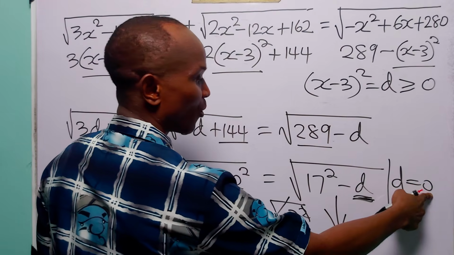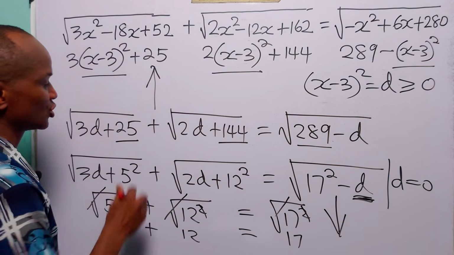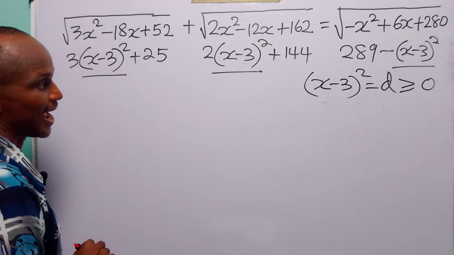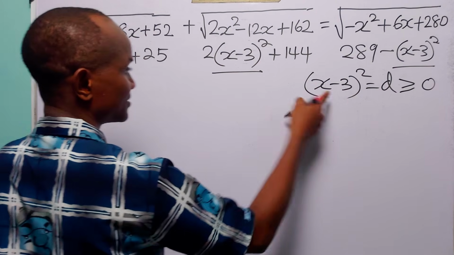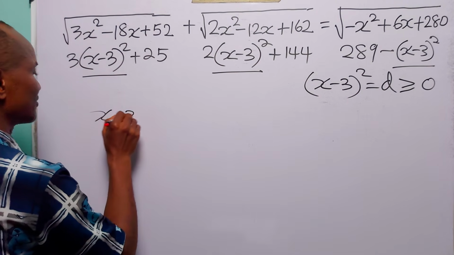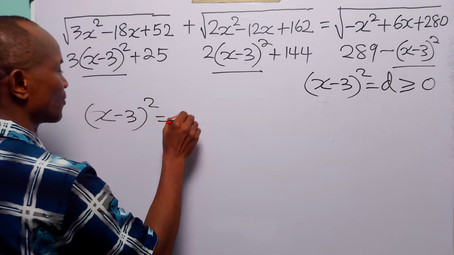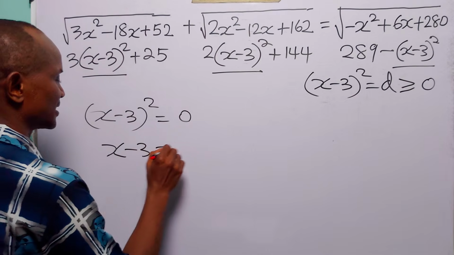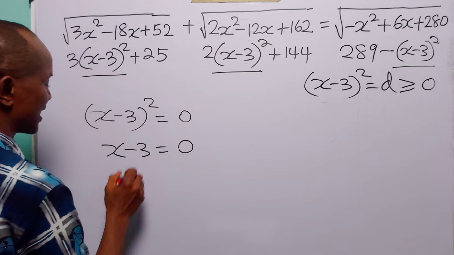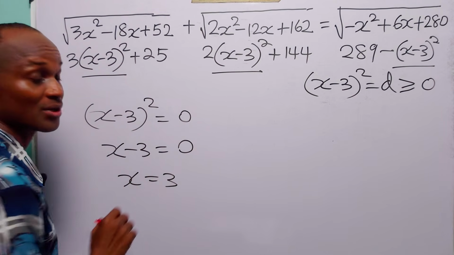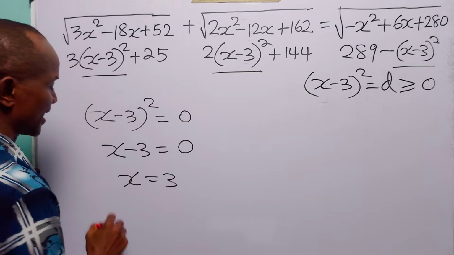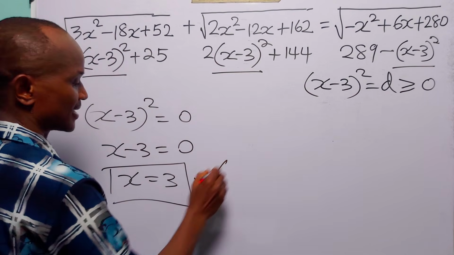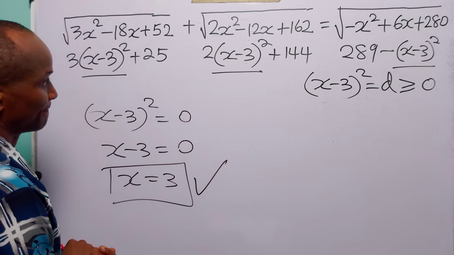So d equal to 0 is the only solution to this radical equation. And when d is equal to 0, then x minus 3 squared is equal to 0. From here, x minus 3 is equal to 0, and hence x is equal to 3. So the only value of x that satisfies this radical equation is x equal to 3.